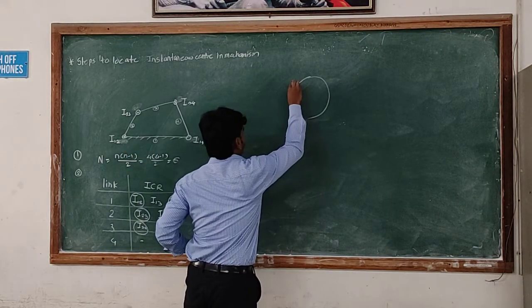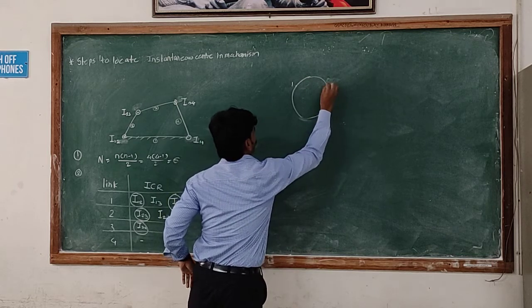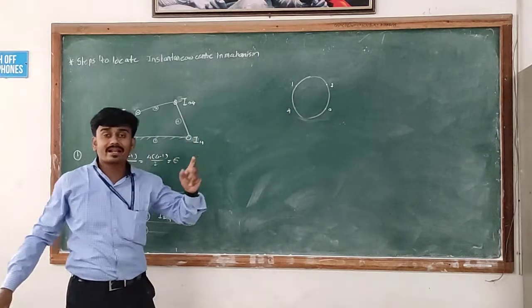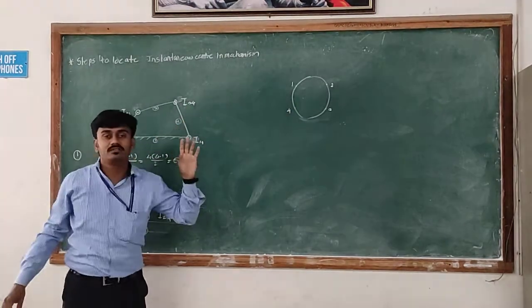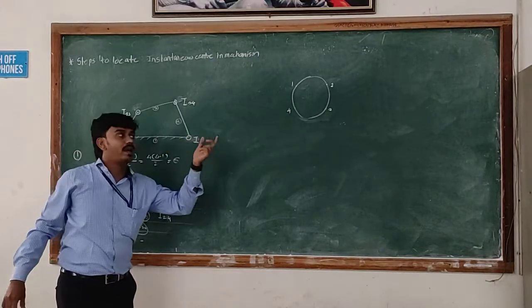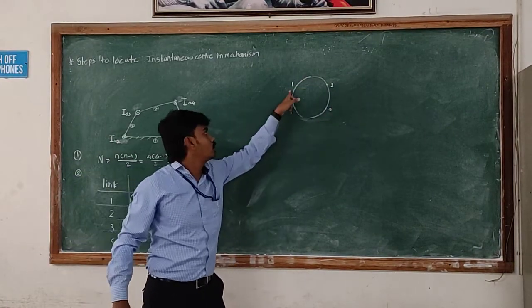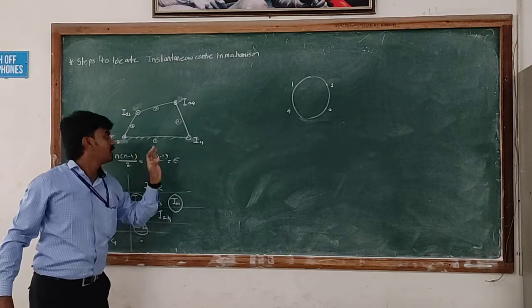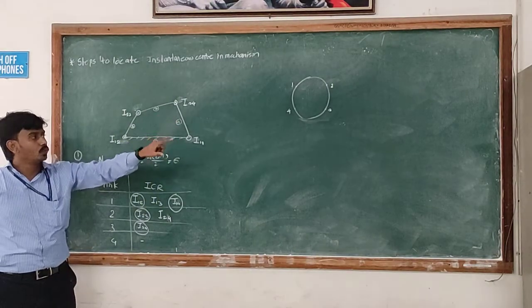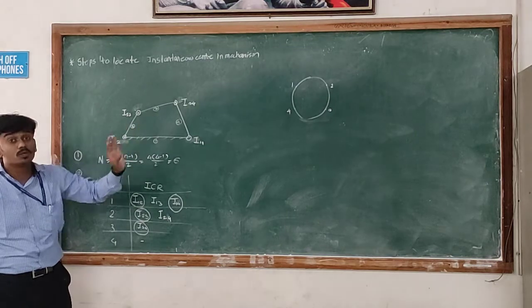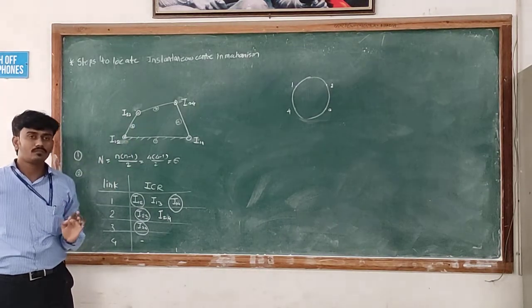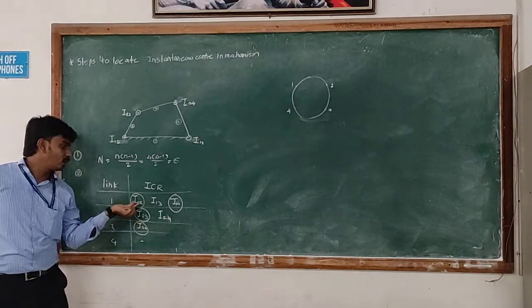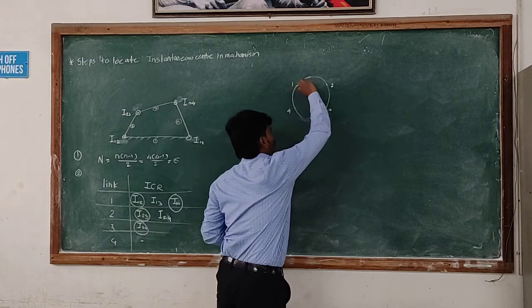So here is, suppose, my point 1. This is my point number 2, point number 3, and point number 4. Mark the points 1, 2, 3, 4, equal to the number of links, according to the sequence. Now here the ICR is 12, so join 1 and 2 by a dark line.